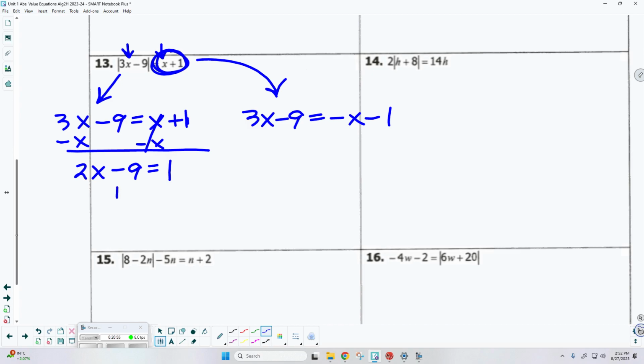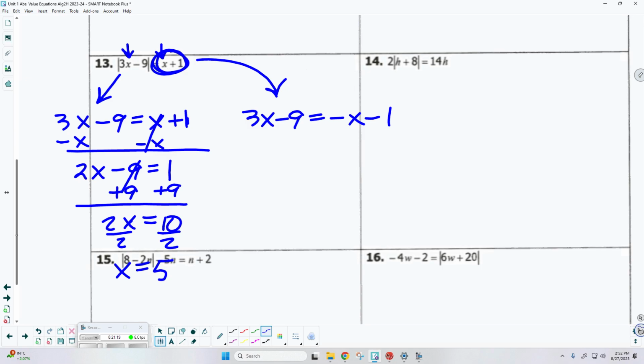Okay, so that minus 9, we're going to add it. So 2x is equal to 10. So when I divide through, what's the first possible solution? X equals 5. Okay. There you go. One step at a time. Every step, it's getting smaller and smaller.